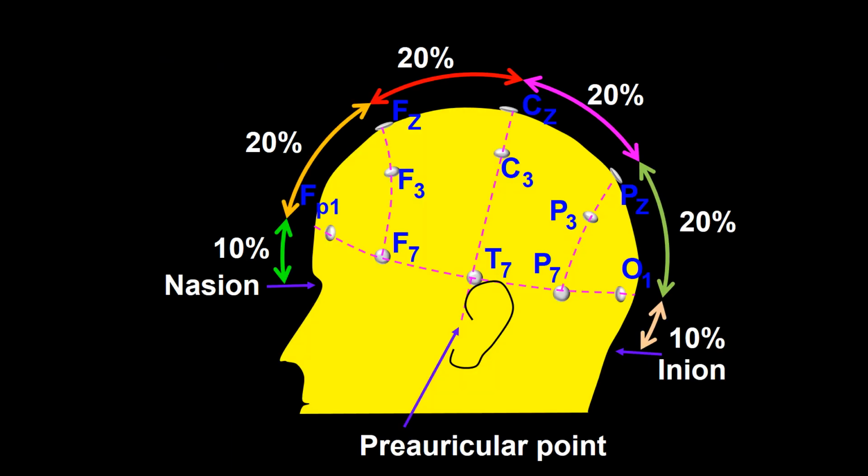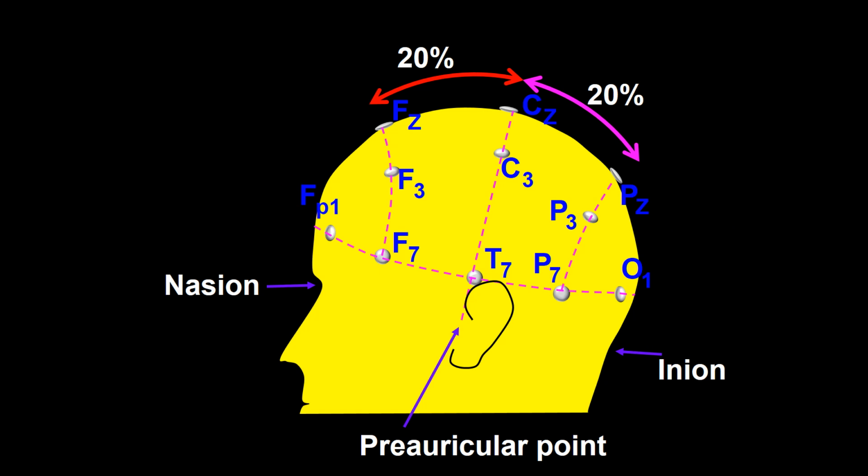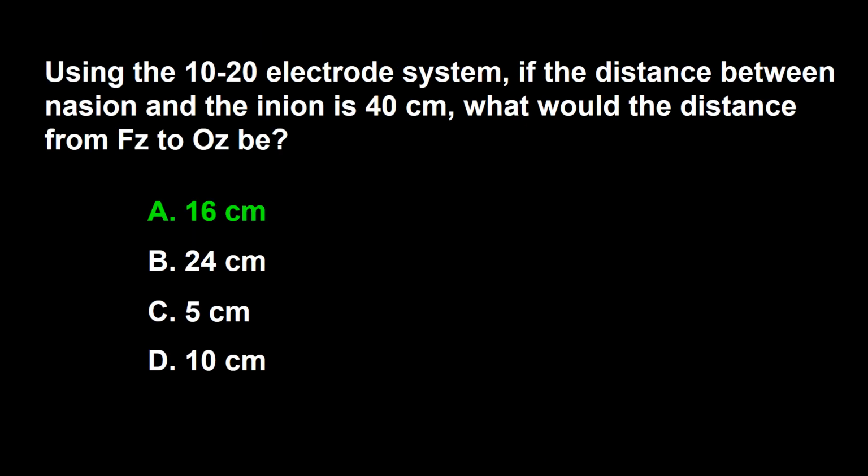By looking at this figure, we can see that the distance between FC and PC is 40% of the total sagittal distance. So 40% of 40 is 16. So the answer to this question is A.